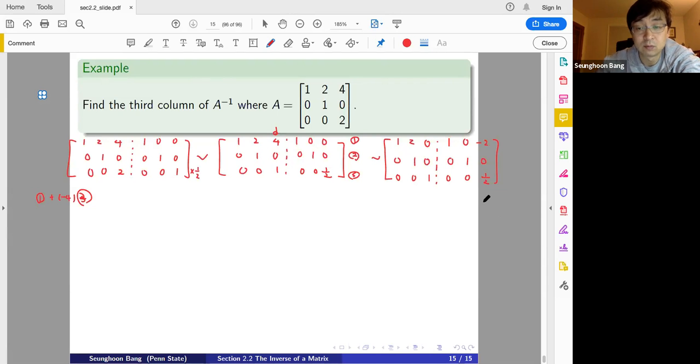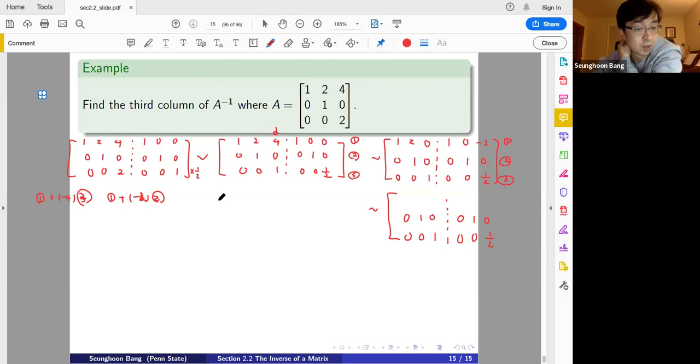Next, this is your first row, second row, third row again. You can eliminate this 2. How can I eliminate this 2? We use the first row plus negative 2 times the second row. You have to keep the third row and the second row: 0, 0, 1, 0, 0, 1 over 2, 0, 1, 0, 0, 1, 0.